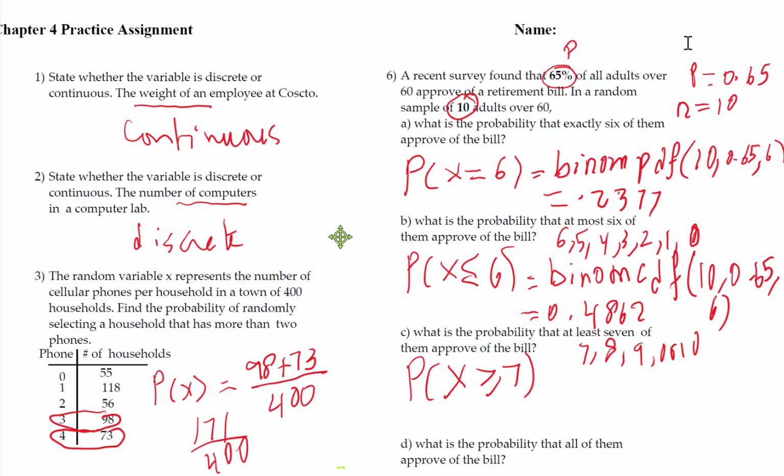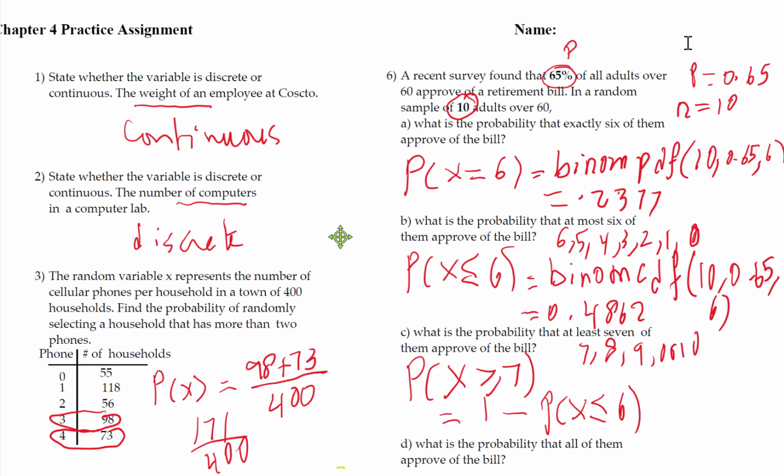Or you can do this. At least 7 means 1 minus at most 6. Because we want 7, 8, 9, 10, but we don't want 6, 5, 4, 3, 2, 1, 0. So we do the at most 6 because there's a formula that allows us to do this.